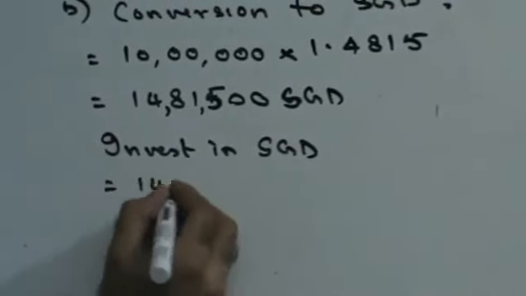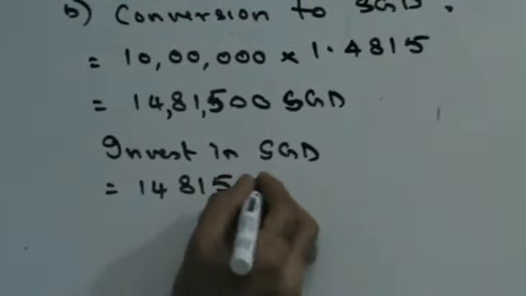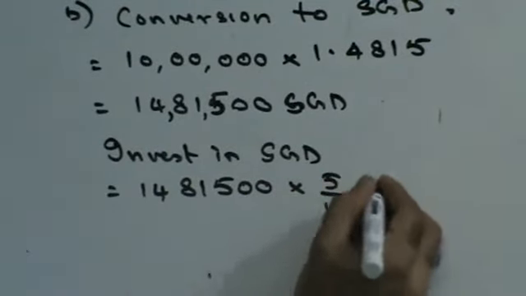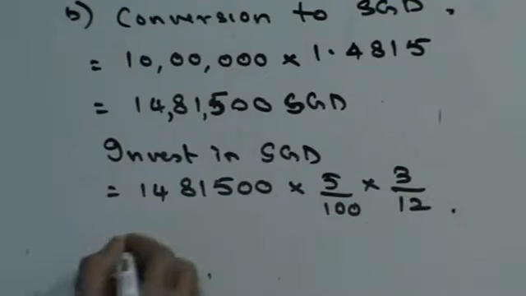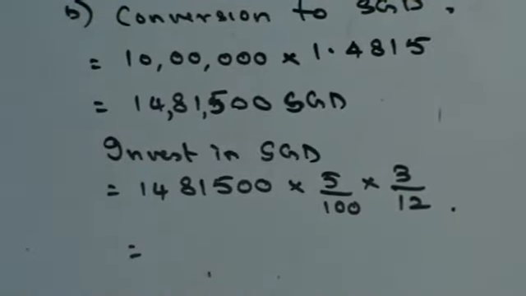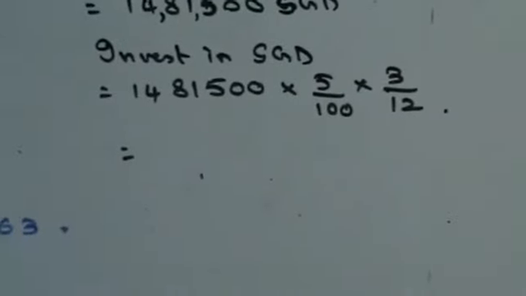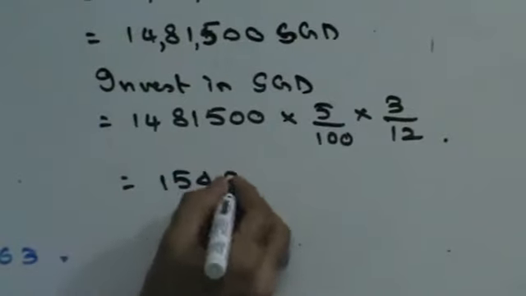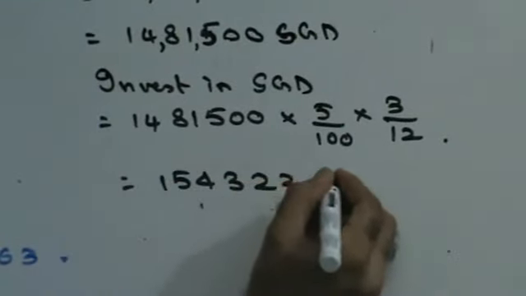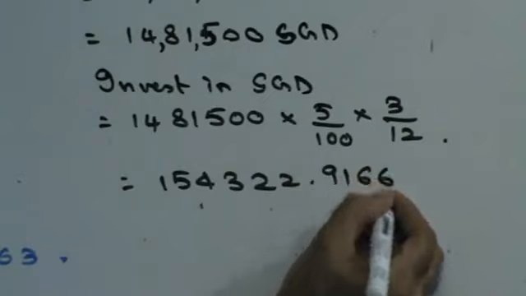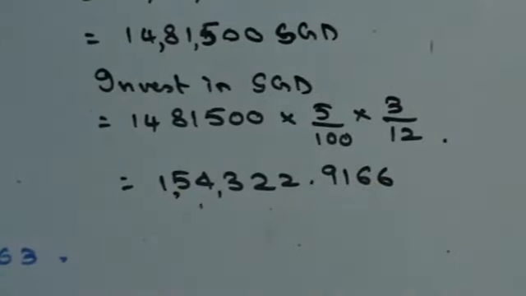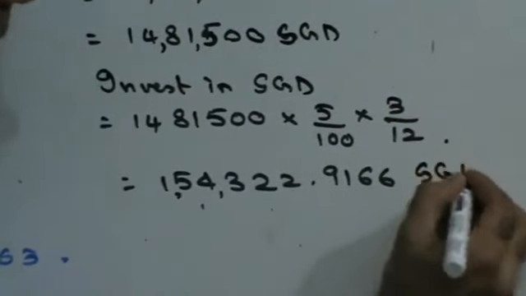If I invest 14,81,500 Singapore dollars, the rate of interest is 5% in Singapore for 3 months. Someone tell me how much is the interest I'll get in terms of Singapore dollars? 18,518.75 Singapore dollars.